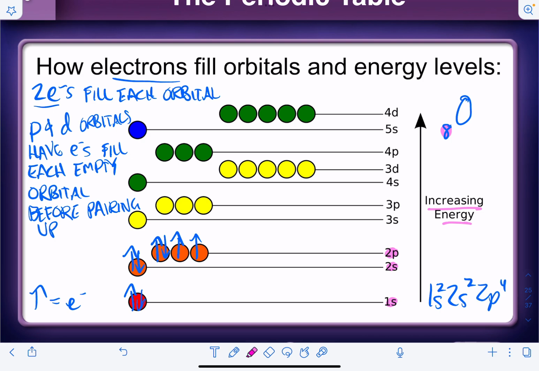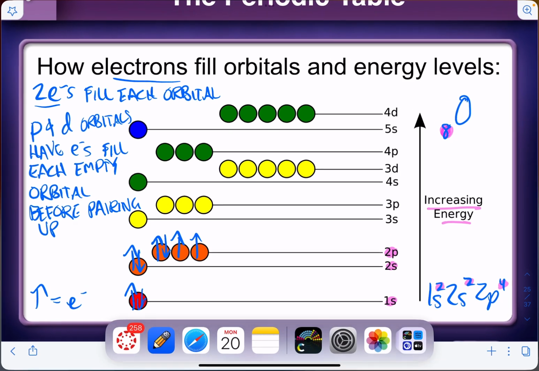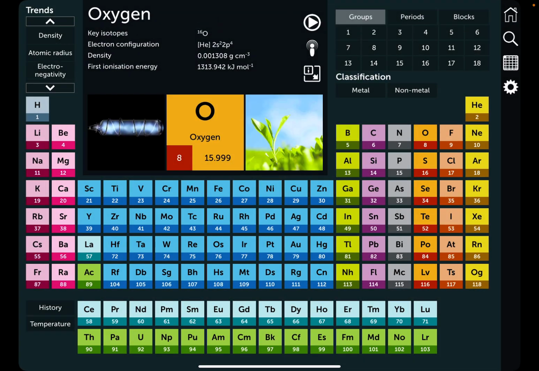Okay, I have 2 plus 2 plus 4 gives me a total of 8. Now, if you were to look at the oxygen at the top there, the electron configuration is helium in brackets 2s2 2p4. So what is this?